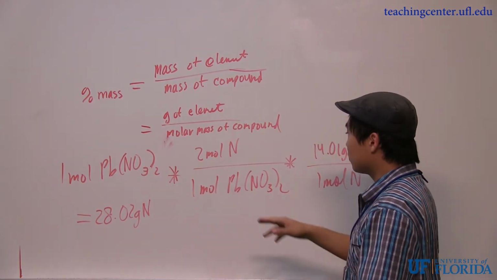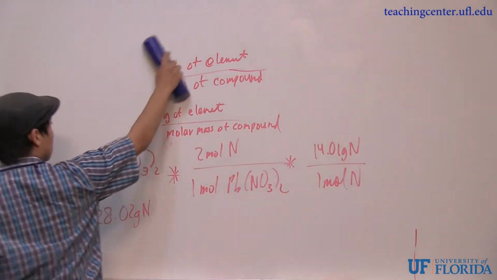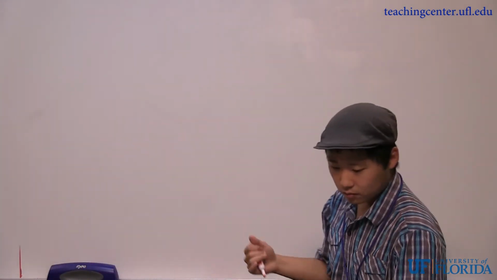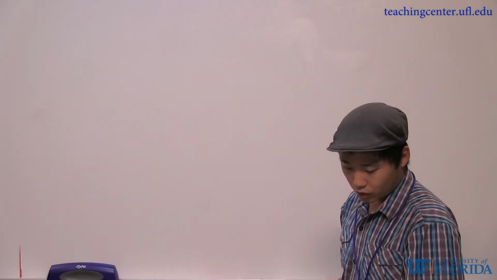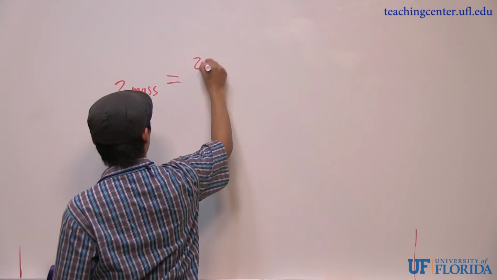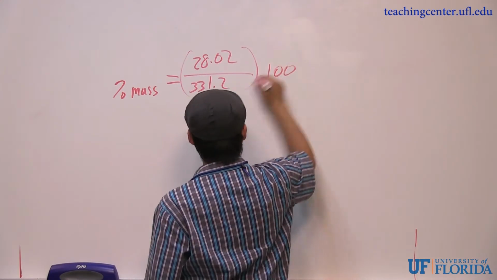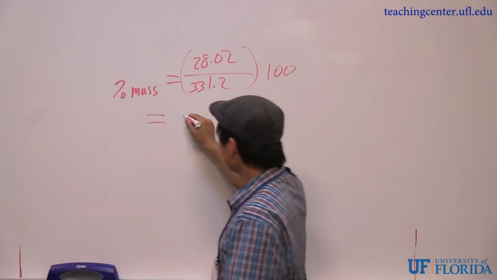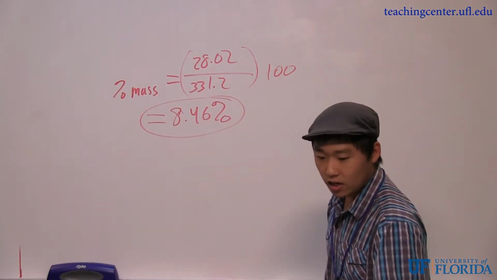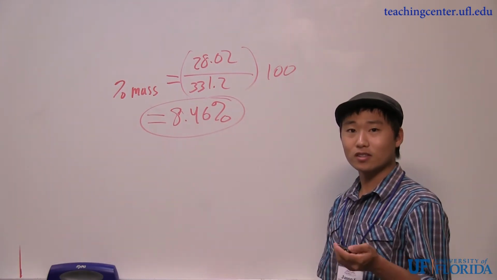Then we divide this by the molar mass. The molar mass of lead 2 nitrate is 331.2. So the percent mass equals 28.02 divided by 331.2 times 100, and this equals around 8.46%. And so that's the percent by mass for nitrogen in lead 2 nitrate, and you have your answer.